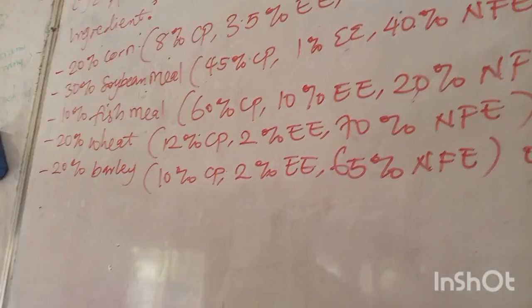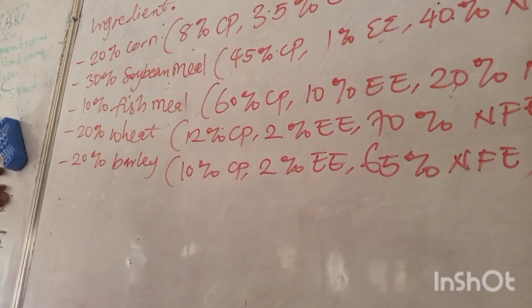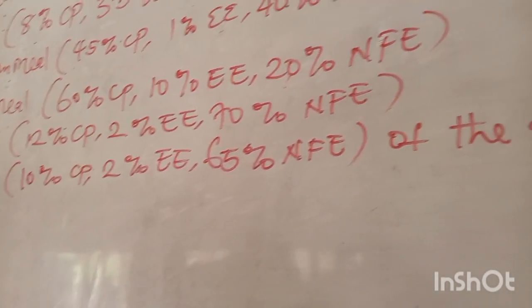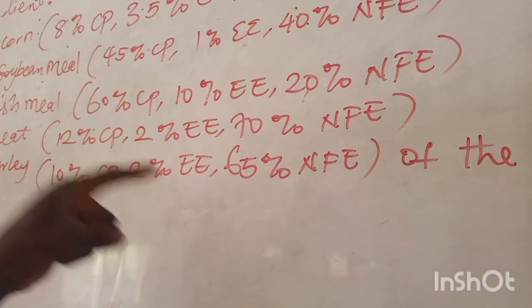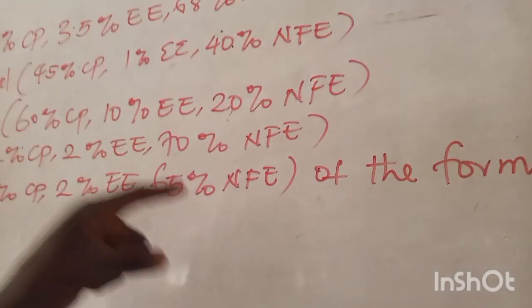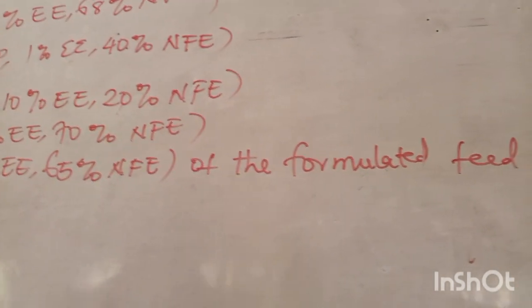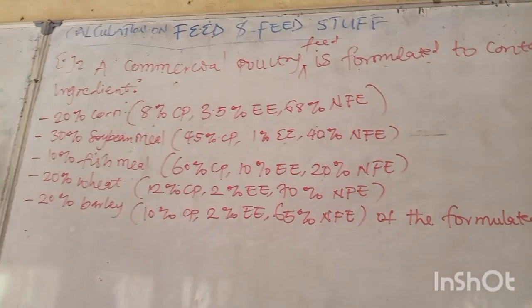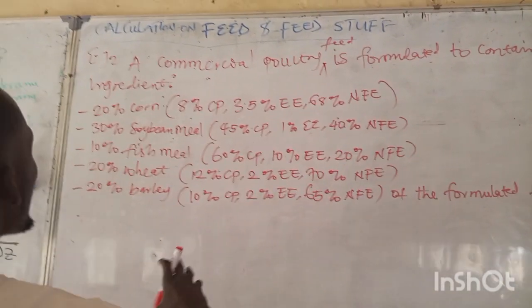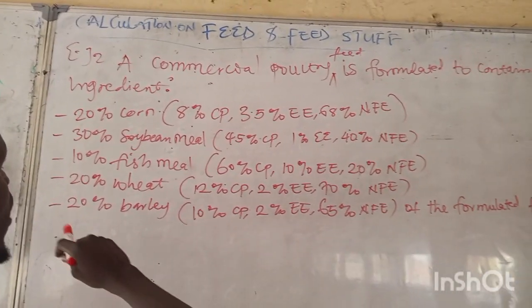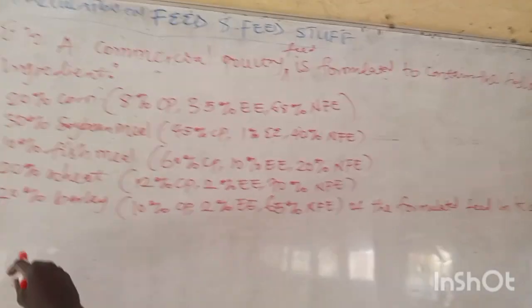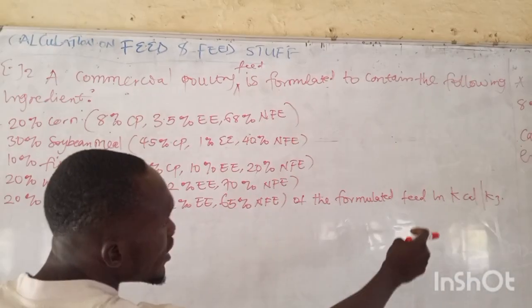Now, coming down to barley, we have 20% of barley in that same feed, 10% of CP, 2% of ether extract, 65% of nitrogen-free extract, of the formulated feed in kg. Now, what are they trying to say? Before we can calculate the metabolizable energy of this particular feed.